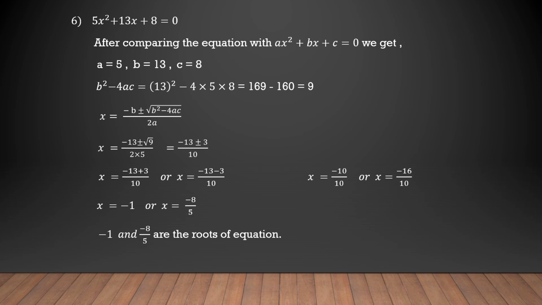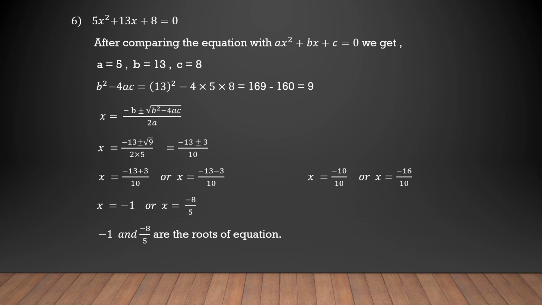So x is equal to minus 13 plus 3 by 10, or x is equal to minus 13 minus 3 by 10. So after solving we get minus 13 plus 3 is minus 10, and minus 10 by 10 is equal to minus 1, or x is equal to minus 13 minus 3 by 10.